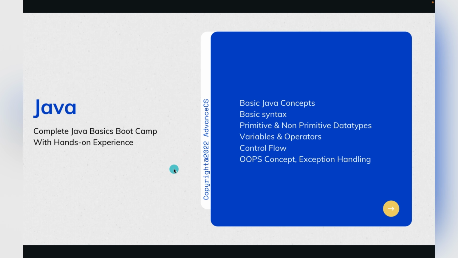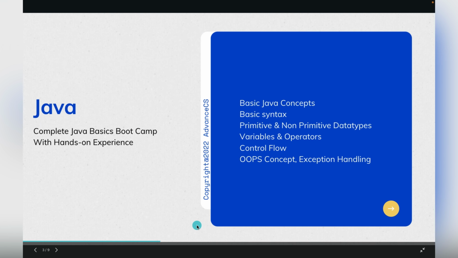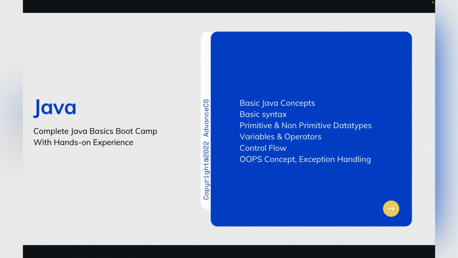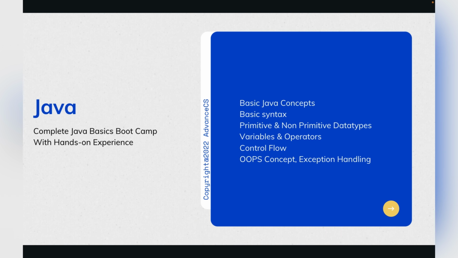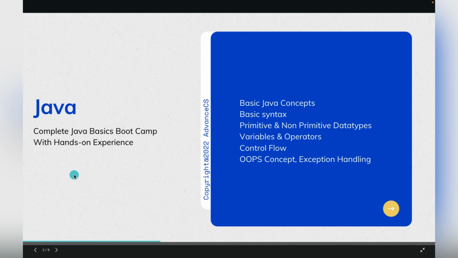We'll first start with the basics, because if you don't know the basics, then it is very difficult to grasp the things that will come in the future. So in today's video we'll have a small basic boot camp with hands-on experience on Java.